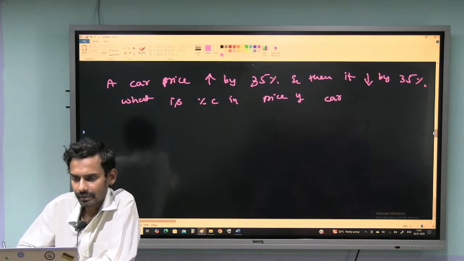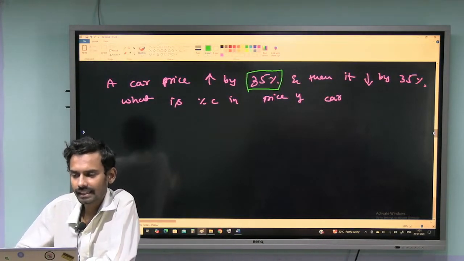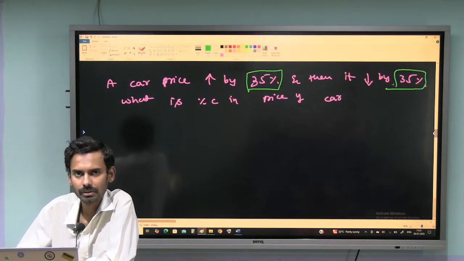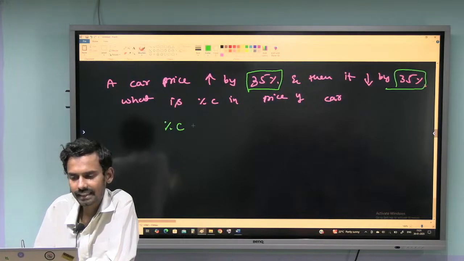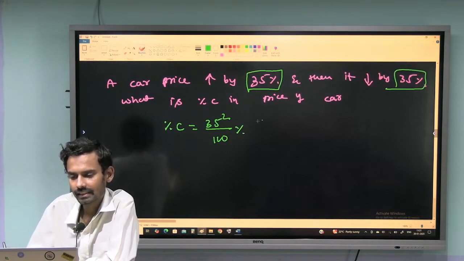So here I am increasing something by 35%, again I am decreasing it by the same 35%. So here n value is 35, so directly percentage change will be 35 square divided by 100 percent decrease.